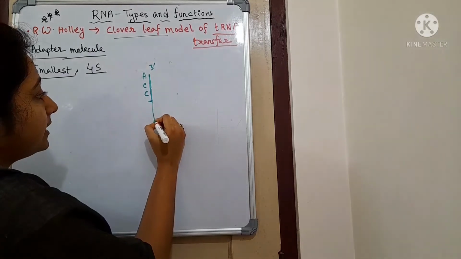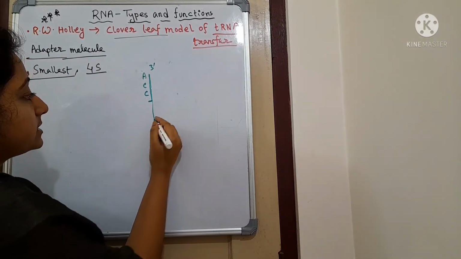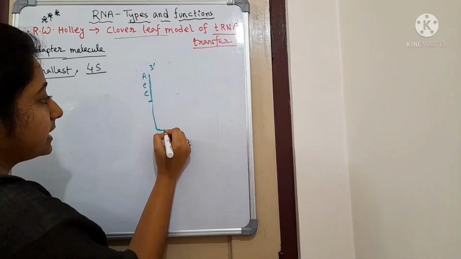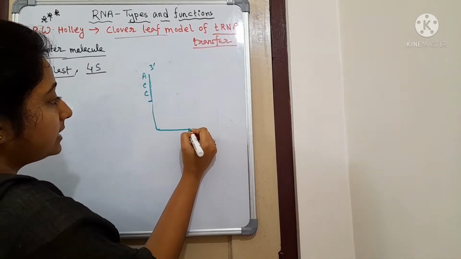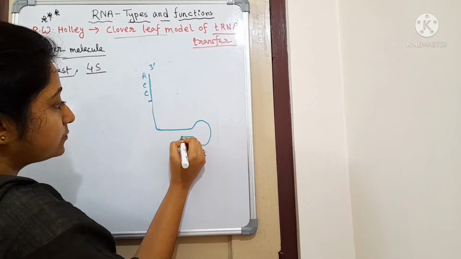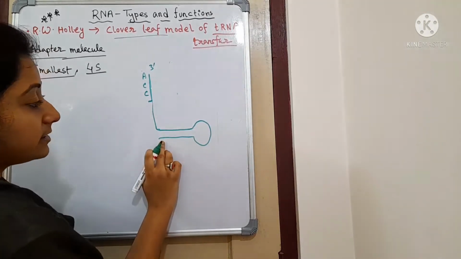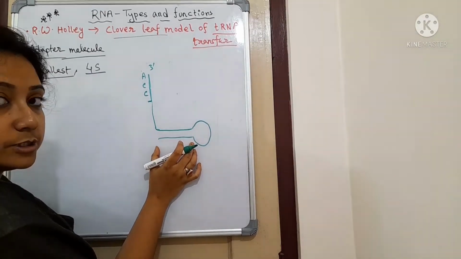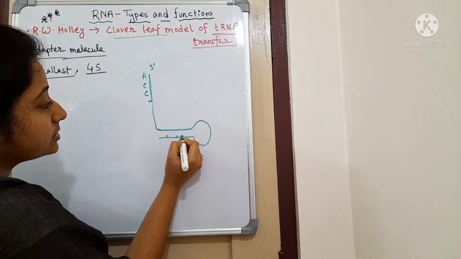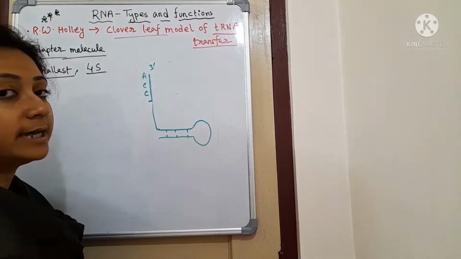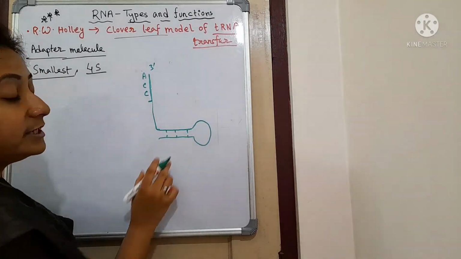After that there are so many other nitrogenous bases, and they form this kind of a stem structure, and right after that this can form this kind of a loop like design. Then it will be continued like this, and as you can see these strands are running parallel to each other. That's why whatever nitrogenous bases are present here, they can form a very firm attachment with the help of hydrogen bonds with a complementary strand.